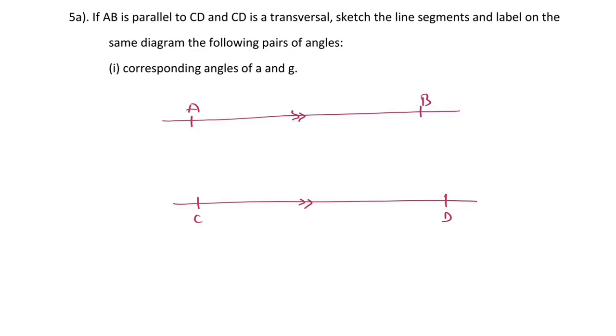Okay, so now we have to remember that line CD is transversal, meaning two parallel lines are crossing it. So we are going to draw them as well. Therefore, now we can label the required angles.